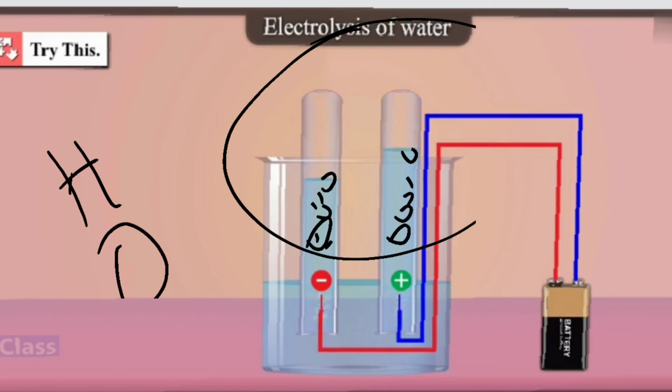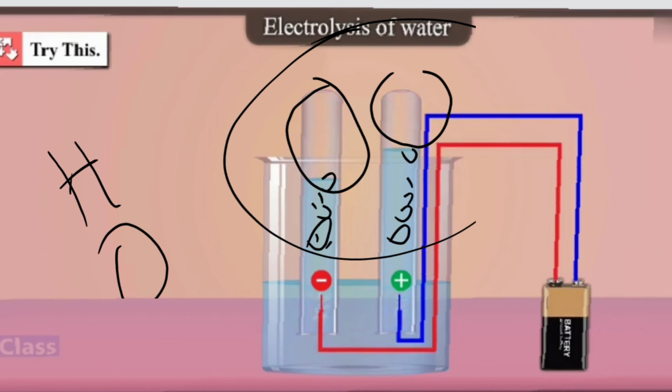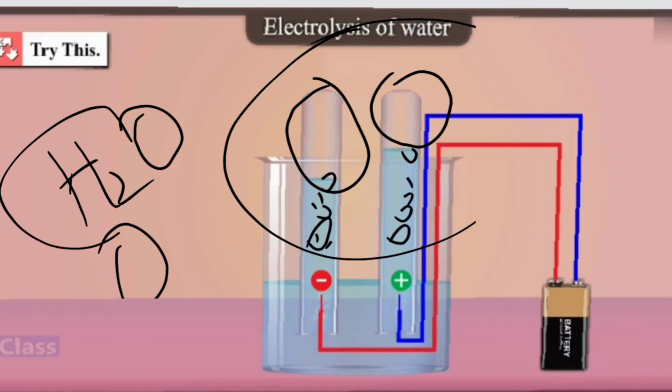So this indicates that the gas formed here is more than the gas formed here. So children, as you know, the formula is H2O. The hydrogen gas is double the oxygen. Followed?